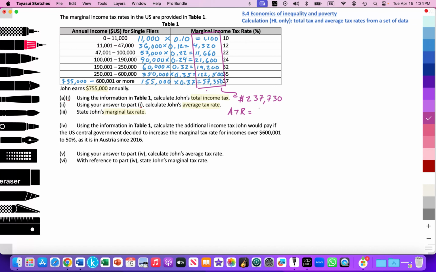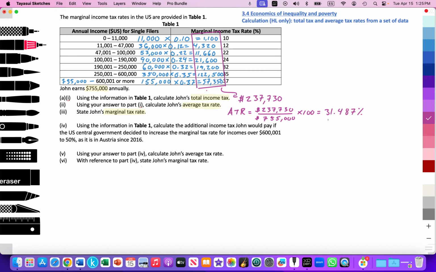So we're going to take 237,730 divided by the total annual income, 755,000, multiply that by 100, and that's going to give us 31.487%.